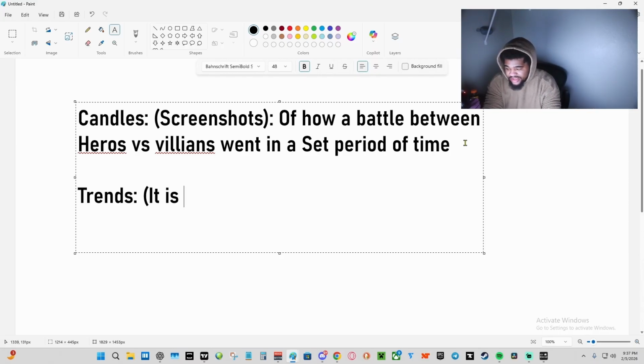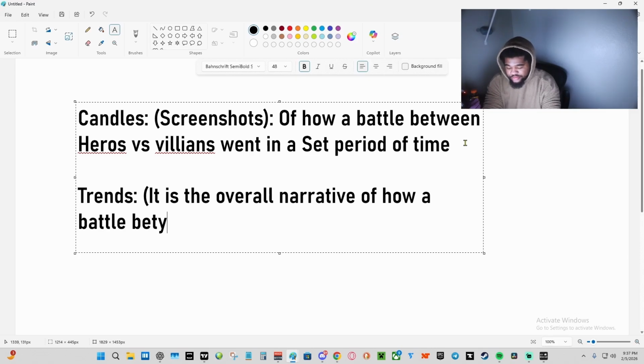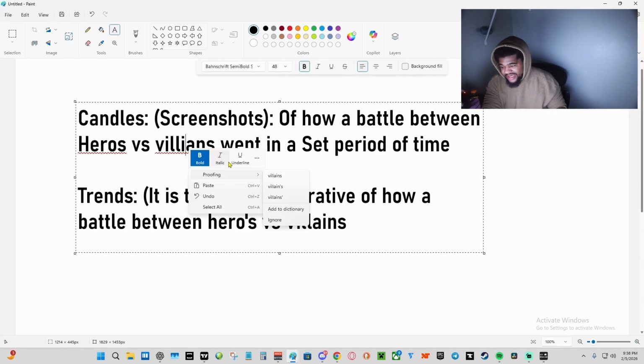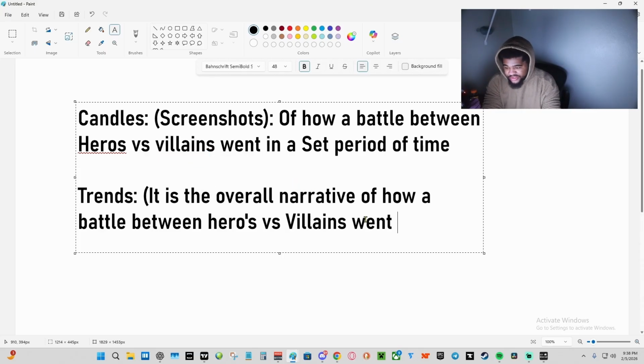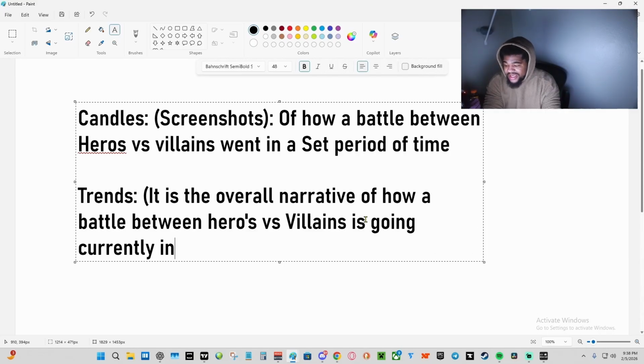It is the overall narrative of how a battle between heroes versus villains, I'll say actually, is going currently in time / went.